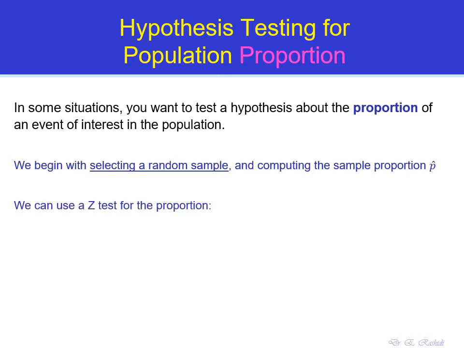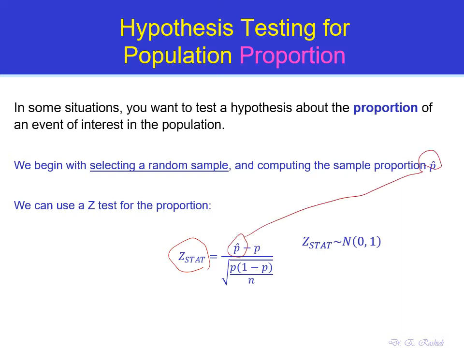Then we can use a z-test for the proportion. So the z-value of p hat. The tested statistic would be a z-stat, and that would be the sample proportion, p hat, that we compute from the sample, minus the proportion which comes from H naught. So H naught would say, for example, p is equal to p1.